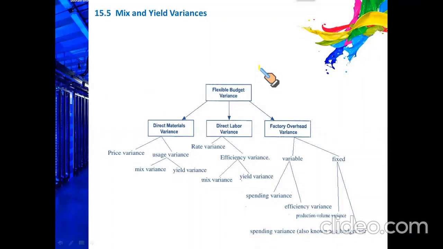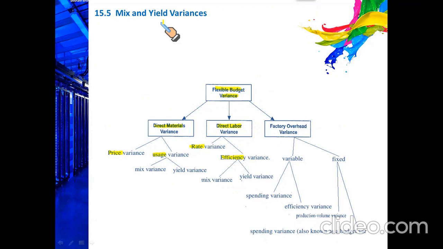Okay, now what we have done so far, we are on the cost side, the flexible budget side. We did direct material price variance, direct material usage variance, the direct labor rate variance and direct labor efficiency variance, and the formulas are similar. Now we are going to do mix and yield variances. What are they?